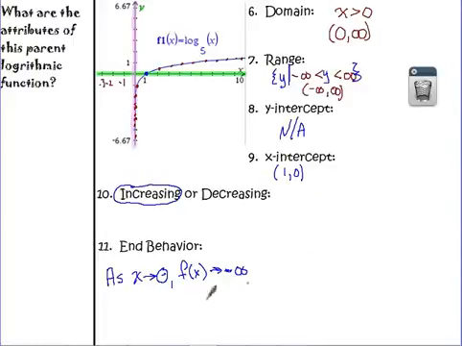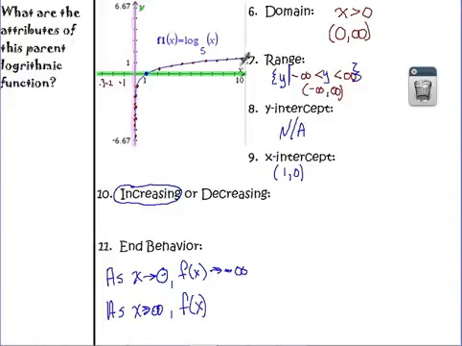Okay? And then the other side of that, what other end do we have? This thing has two ends, so to speak. On the other side, we can say that as x approaches infinity, what's happening to f of x?